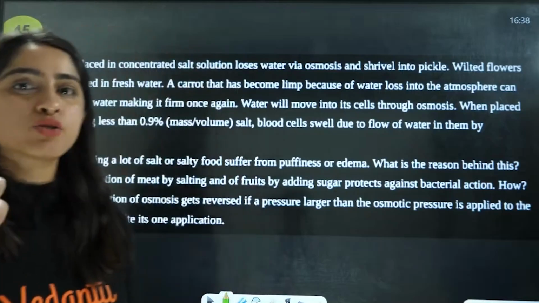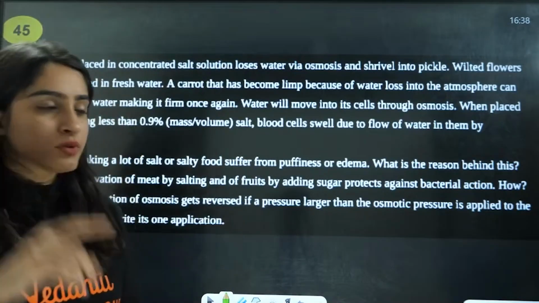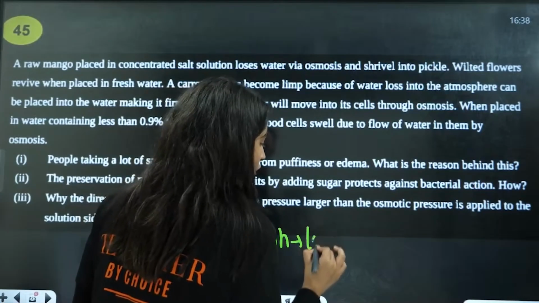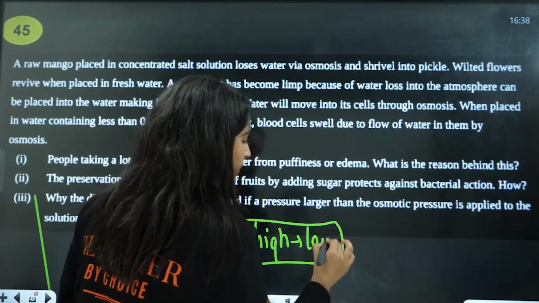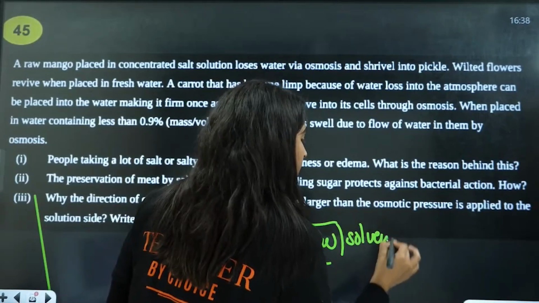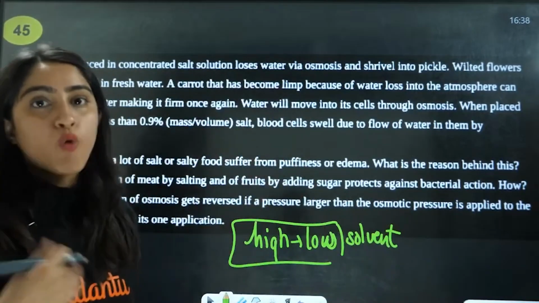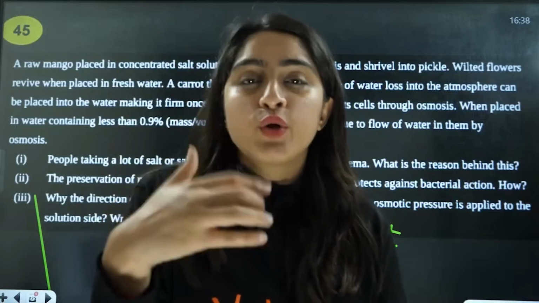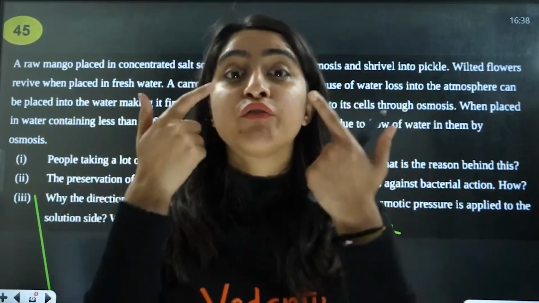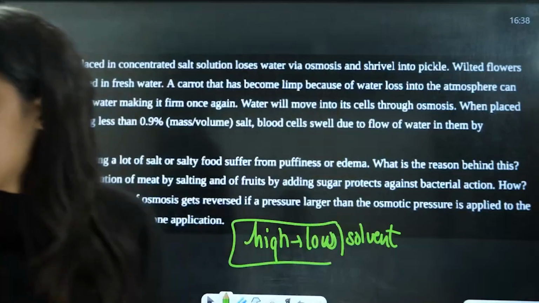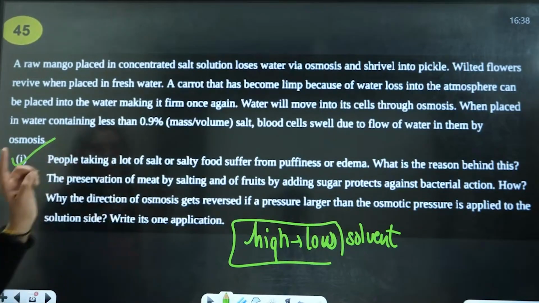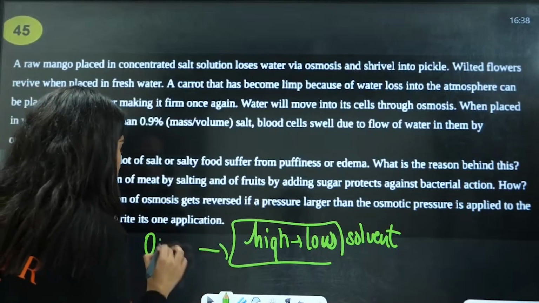So there will be osmosis, the movement of solvent from high to low concentration of solvent, and the solvent here is water. So water is going to come out of the cells due to osmosis, and hence we will feel puffiness in the eyes. The reason is osmosis.